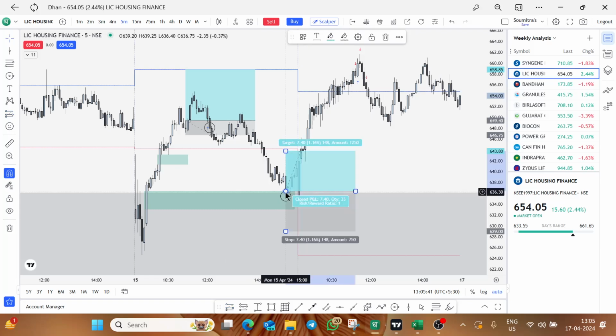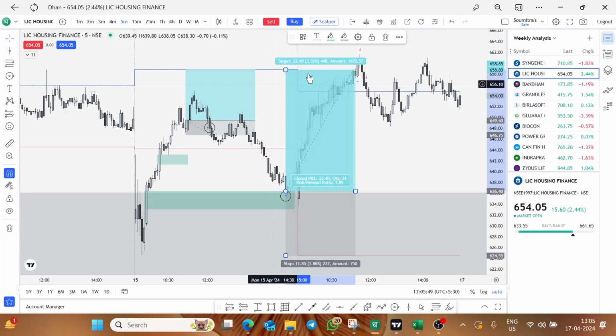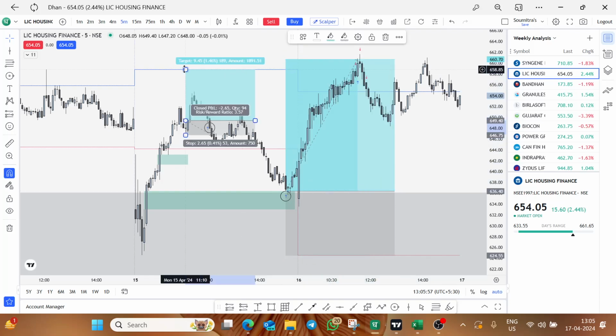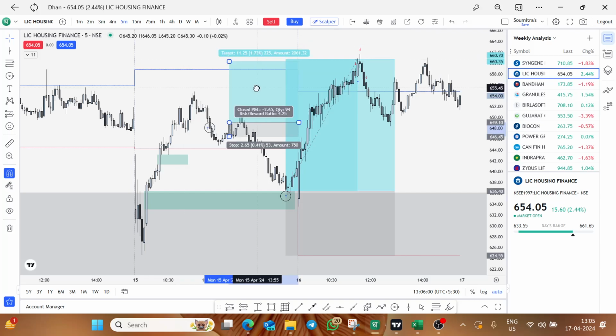So we entered somewhere from here. Stop loss was below this low, and the target was basically this, but I took it from a little bit more, in order to take 2:1. This one also, and this one also.